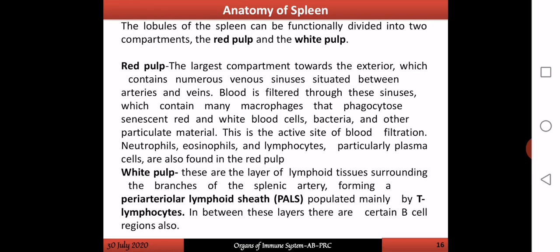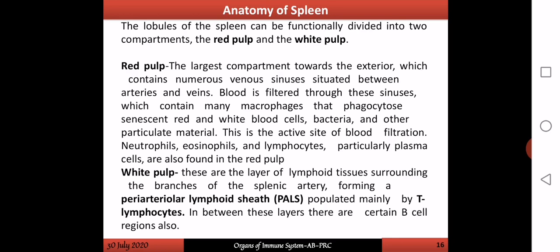And during this filtration, what actually happens is that all the foreign materials like bacteria and other antigens, and also the senescent immune cells like the aged RBCs and WBCs, will be eliminated during this process of filtration. For that, these sinuses are populated by a number of immune cells like macrophages.